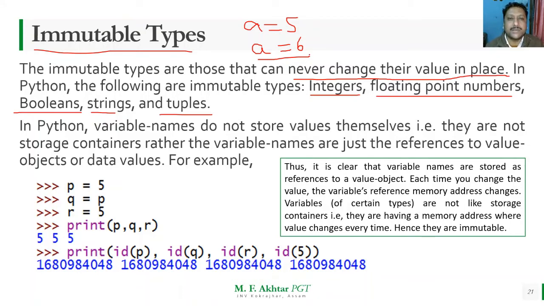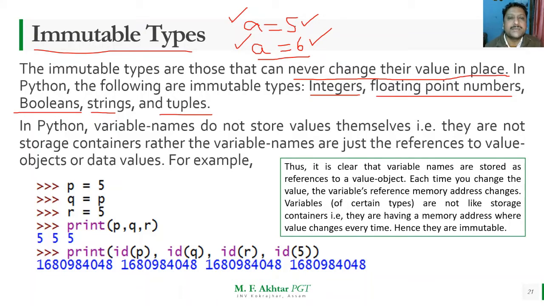Instead, these values are already stored in memory and the variables are created as a reference to those values, a pointer to those values. These are the pointers to those values.